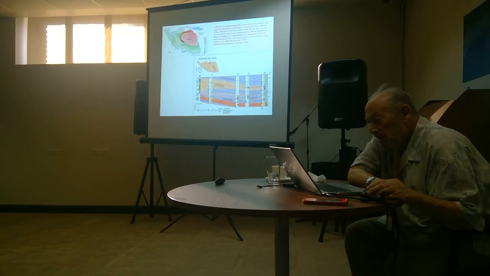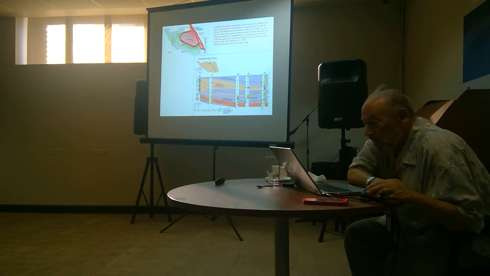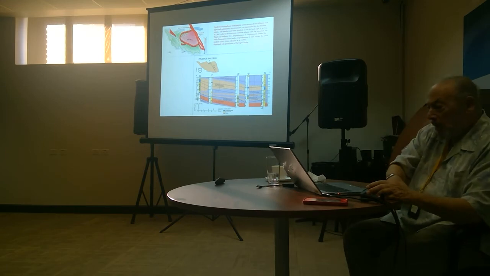You have a gas cap here. You've got a big unconformity surface right there. And you've got an oil rim that's shown in green. And then your water leg here is shown in blue.